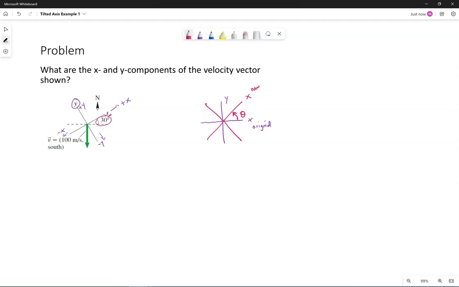So if we had to rotate our original axis upwards by 30 degrees, then we had to rotate the original y-axis by 30 degrees. We had to rotate this negative x portion of the axis down 30. We had to rotate this y-axis, the negative y-axis, to the right by 30.